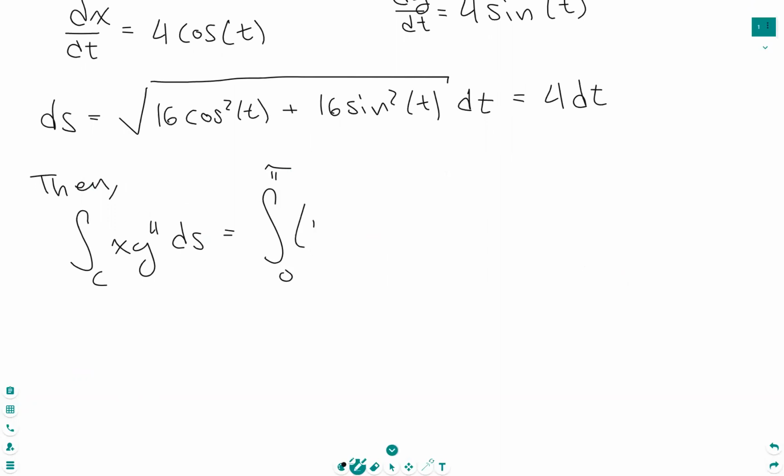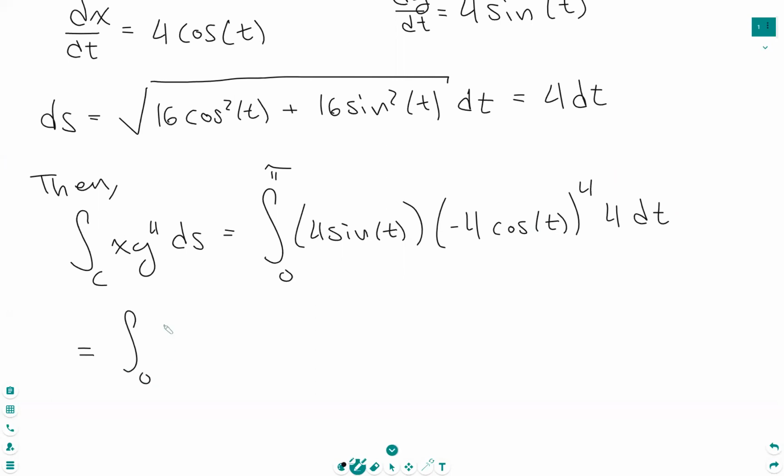Then I have 4 sine of t, negative 4 cosine of t to the 4th, times 4 dt. Just rewriting a little bit, this is 4 to the 6th sine of t cosine to the 4th of t dt.